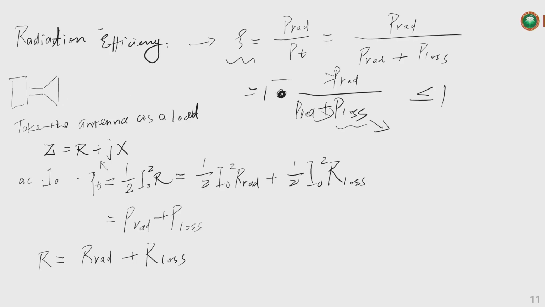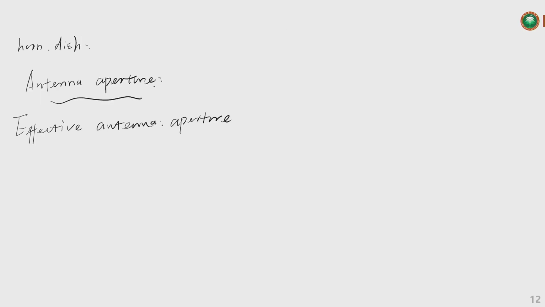Let's come back to this part, because from the load to the antenna, there is a connection part here, right? So this area is regarded as the effective antenna aperture, and it can be defined as the intercepted power divided by the power density. The intercepted power or the received power are the same thing.